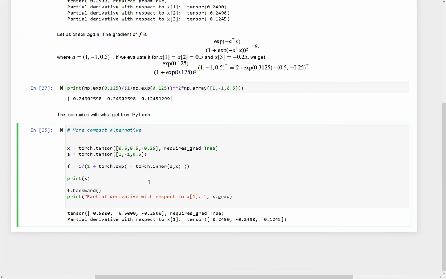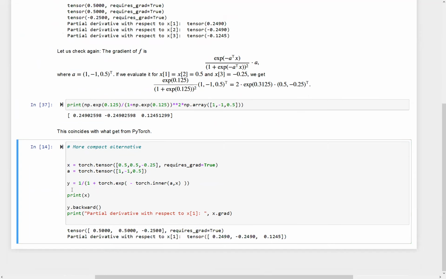An alternative, more compact option is again to use a list or an array for the x values you want to evaluate and write it in this more compact manner. What you then get at the end is again a tensor where everything is in one list.